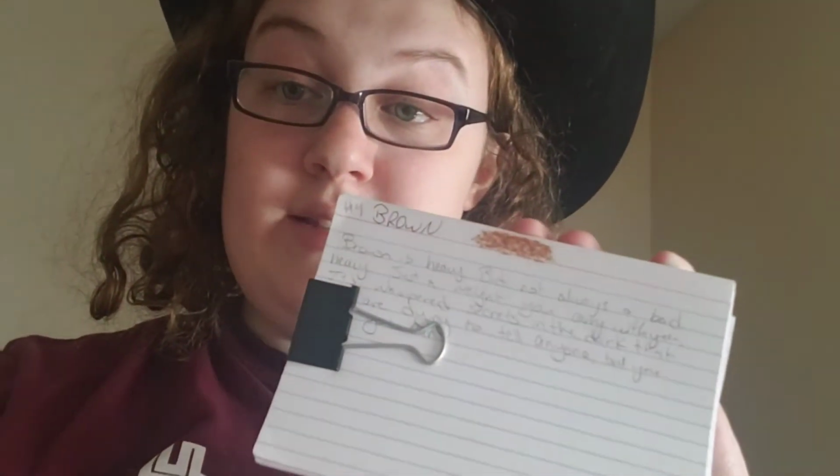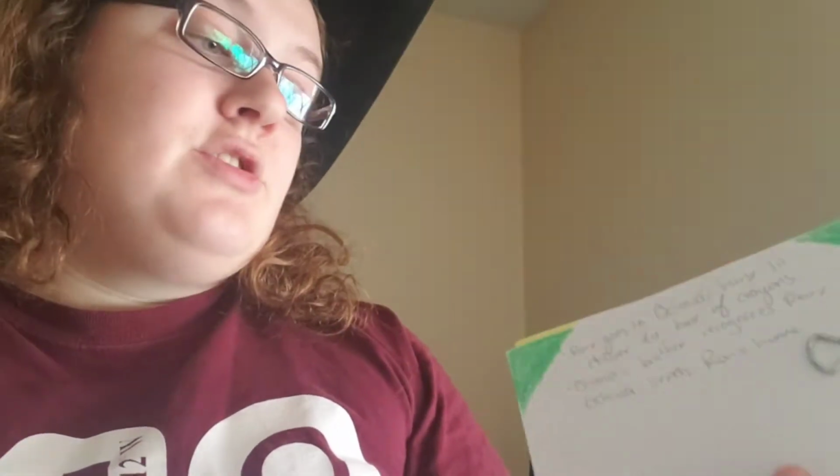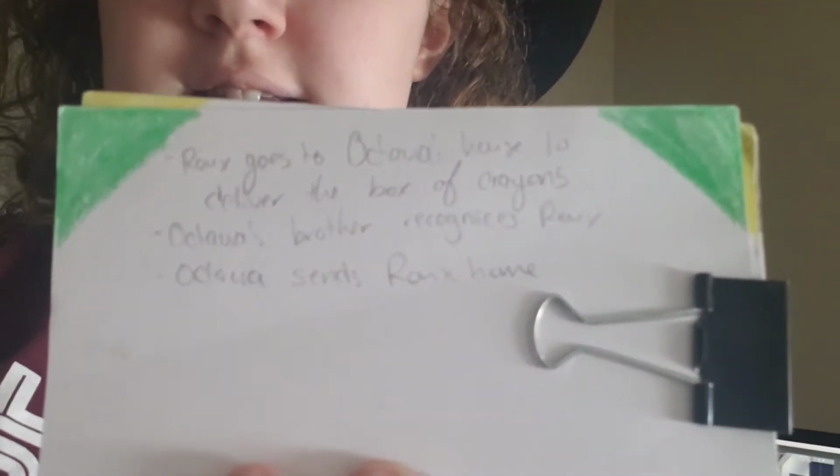In the case of one of my stories, I actually have these cards because every chapter correlates to a different color. I will go into this project probably at some point more in depth, but this isn't my NaNo project, so I'm not going to talk a whole lot about it. But each card is a different chapter, and on the back here, I'll just show you this.